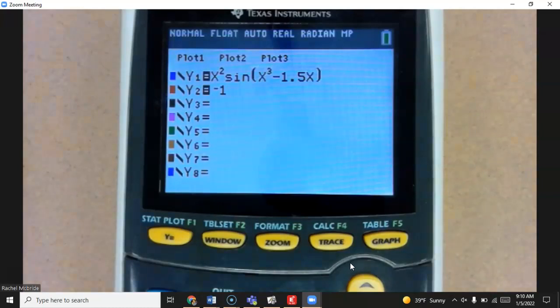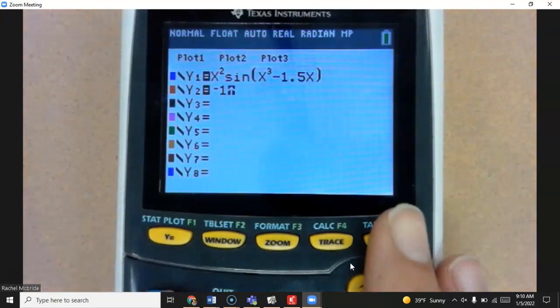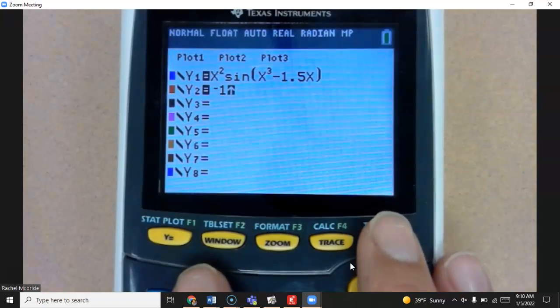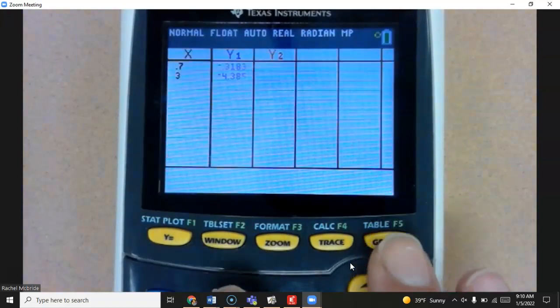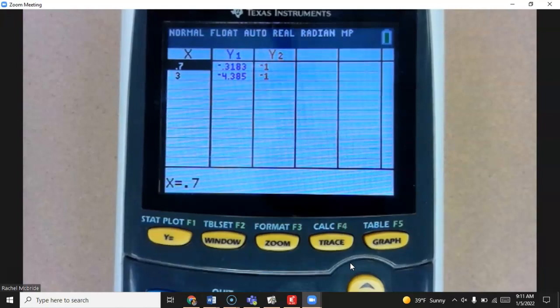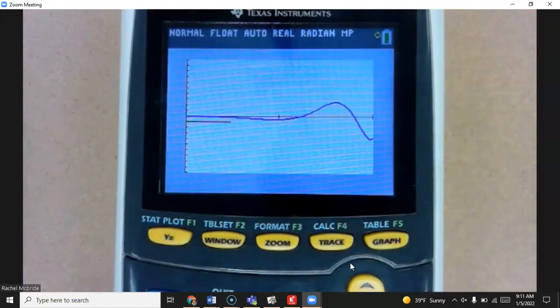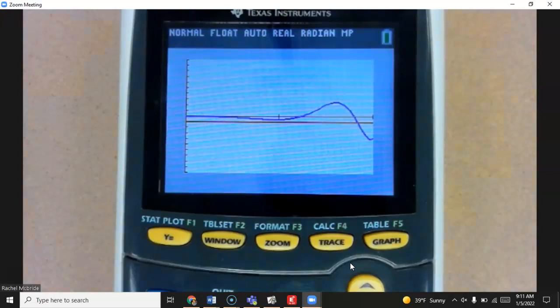The easiest way is to find the intersection of the velocity graph and the line -1. And we can see that it intersects right over here.